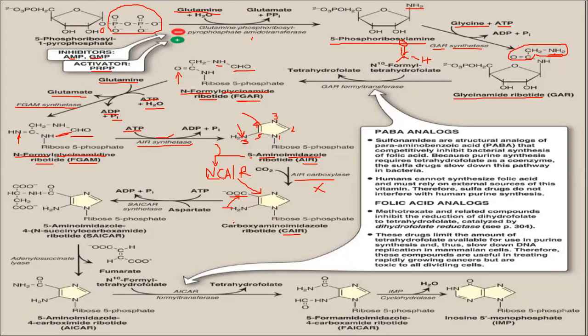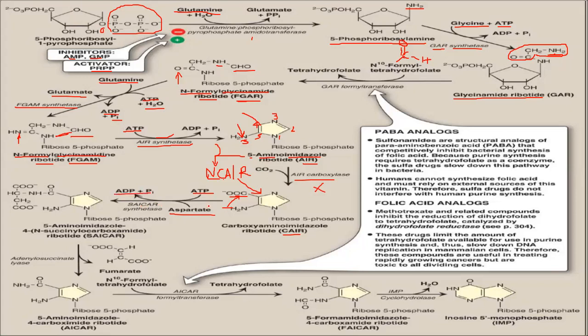Now, after forming the carboxyaminoimidazole ribonucleotide, next we take the amino acid aspartate, and you can see we are using an ATP, which is hydrolyzed to ADP and Pi.